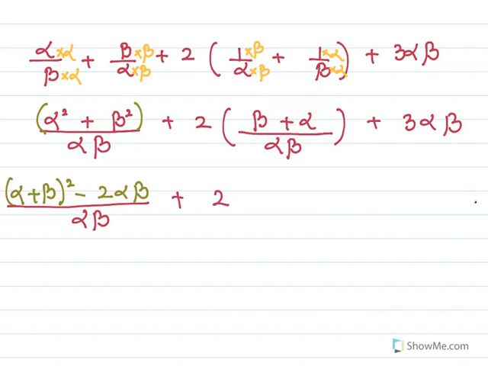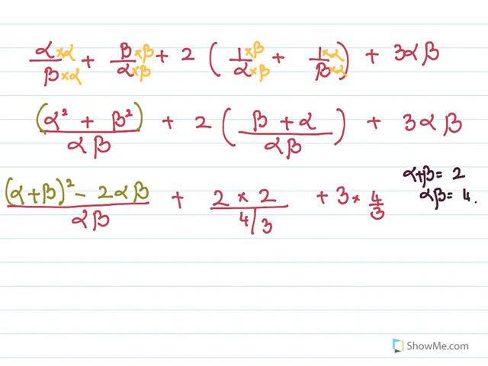Alpha plus beta was 2, and alpha beta we found was 4 by 3, plus 3. Alpha into beta is 4 by 3. Let me write the values here again. Alpha plus beta 2, alpha beta 4 by 3.